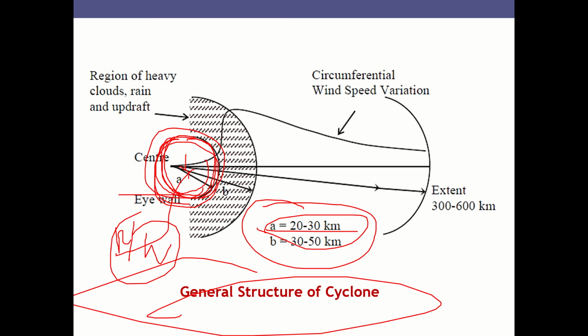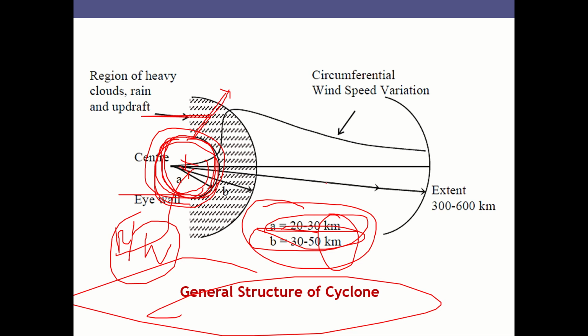Actually nothing happens here in the center of the cyclone. Whereas the immediate ring, the immediate extent, is roughly about 30 to 50 kilometers. We are talking in kilometers. Kindly check the scale of wind and the scale of rain that we are talking about here.